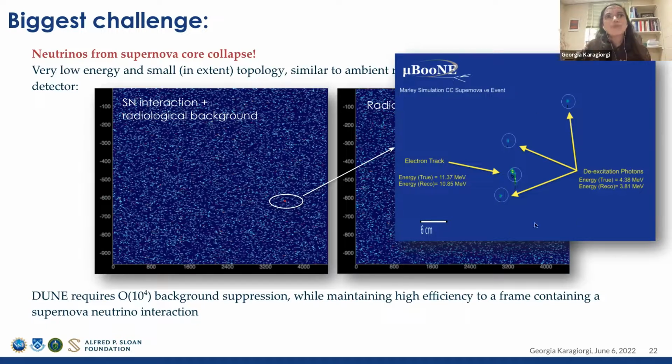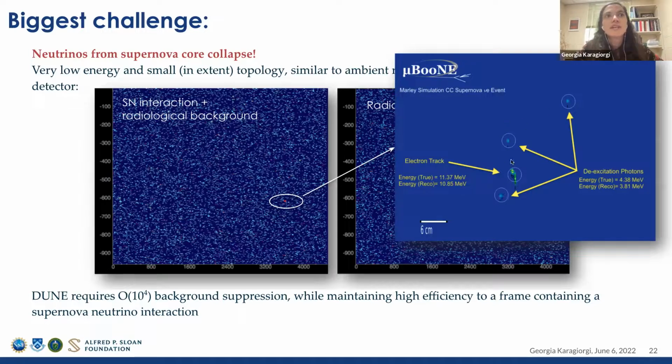This is an example of a simulated supernova neutrino interaction event, where you can see from the neutrino interaction an electron that gets produced as a charged particle in the interaction of the neutrino with an argon nucleus. And also these tiny little blips that you see here, which are de-excitation photons from nuclear de-excitation after the interaction took place.